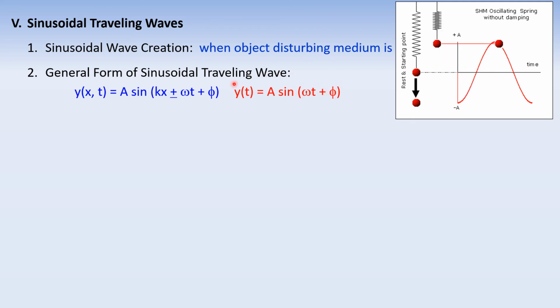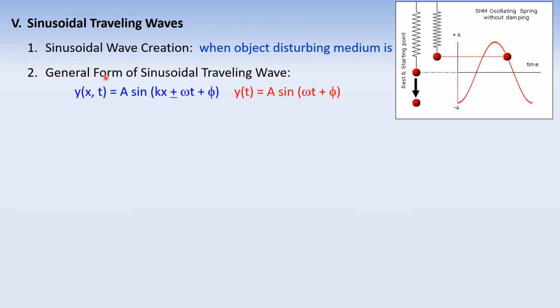So our equation of motion, showing just one point in the medium as a function of time, when we add in this factor kx, we are now showing all points x in the medium as a function of time. So this is now a wave function.